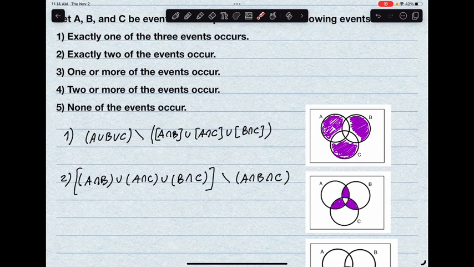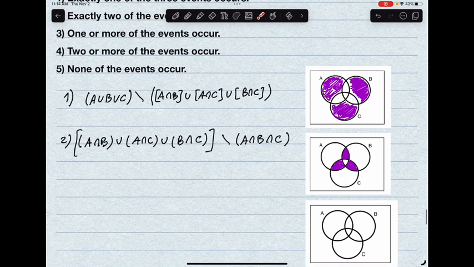Now for part C, one or more of the events means maybe only A, only B, only C, A and B, A and C, B and C, or maybe all the three. So it says at least one.